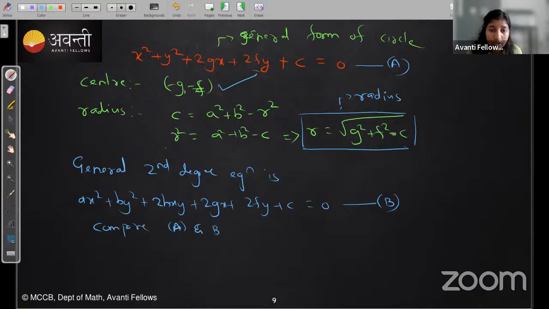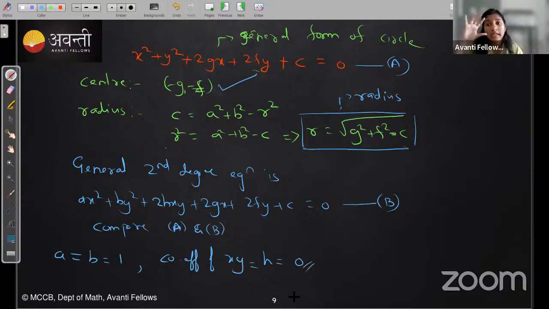When you compare A and B, coefficient of x square and y square, you get a equal to b equal to 1. And here you can observe coefficient of xy is 0. So in our circle equation, coefficient of xy, which is nothing but h, is equal to 0.